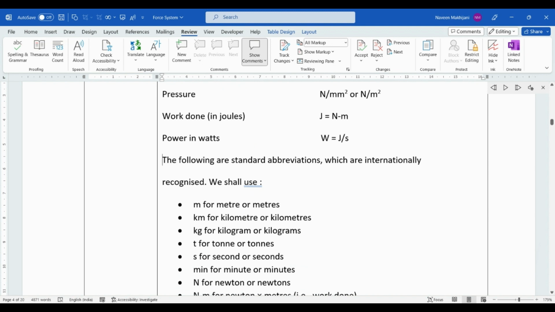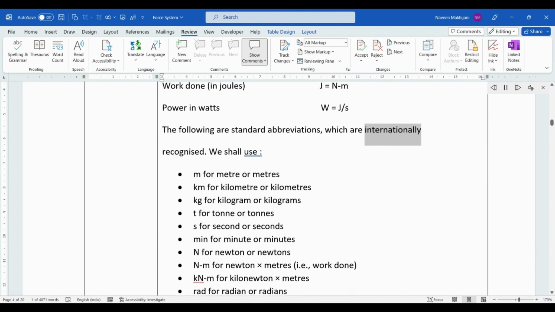The following are standard abbreviations, which are internationally recognized.